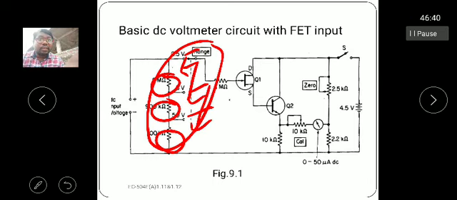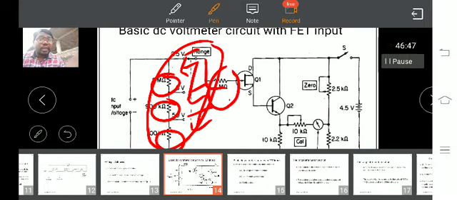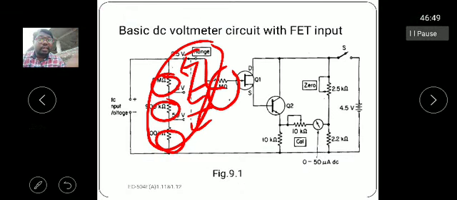The gate terminal of the FET is connected to the high input impedance, and the source of the FET is connected to the transistor, and the emitter source follower is nothing but the emitter follower of the transistor. After that, we have the bridge arrangement. These are the construction parts of the DC voltmeter with the FET input.